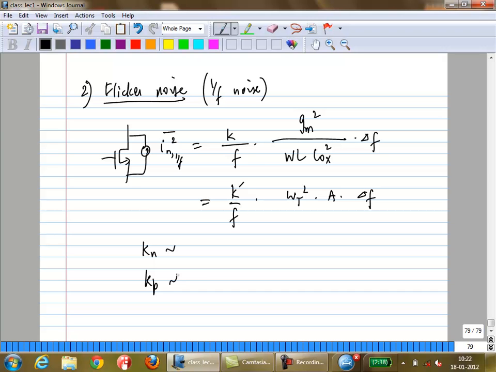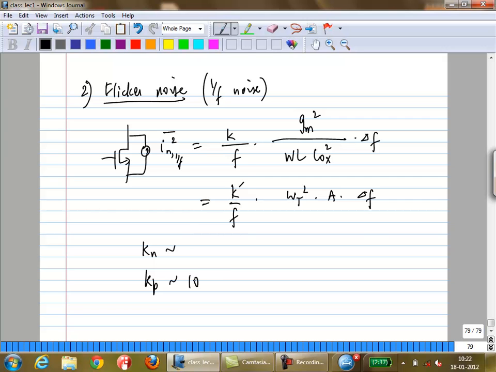However, for flicker noise, there is a difference between the NMOS and the PMOS, because flicker noise basically originates from random trapping of charge carriers near the oxide and silicon interface. Since the device itself is different between the NMOS and the PMOS, they use a separate channel called a buried channel. So there is a difference between the K values of the NMOS and the PMOS.